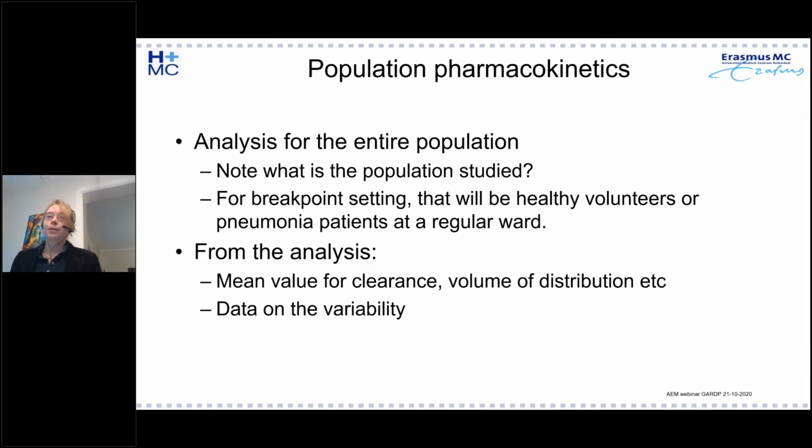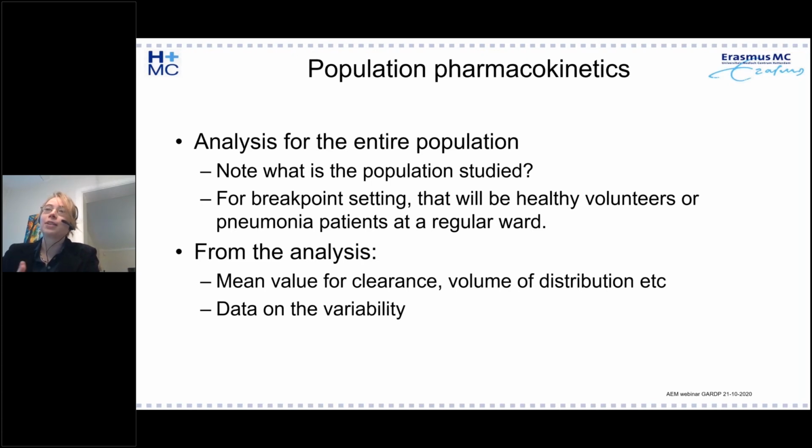It's also important, if you do such an analysis, that you are very aware of what population you actually studied. For breakpoint setting, which is what we're talking about today, I'm not expecting that you will use a population of morbidly obese intensive care patients with burn wounds, even more complex; those are not the models that we're going to use.